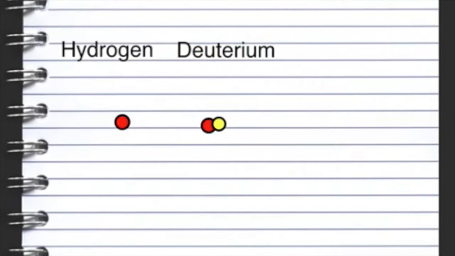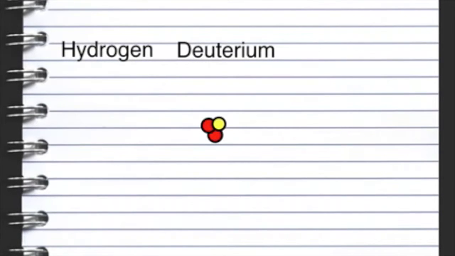Now any of you that understand French will know that deux means two, and here we've got a nuclear mass of 2. So what happens during nuclear fusion? During nuclear fusion, the two nuclei overcome their electrostatic forces and they combine.